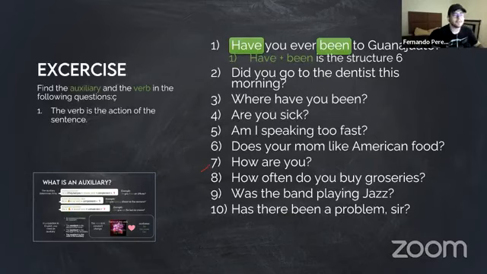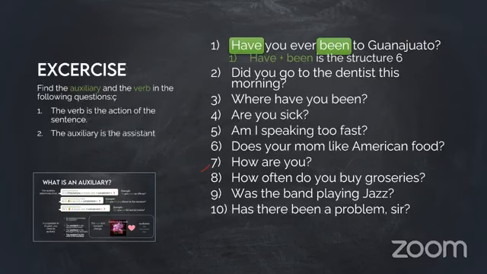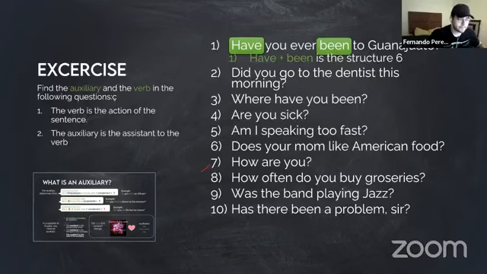Number 2. Vianney, find the auxiliary and the verb. Auxiliary is did. And the verb is go. Correct. Totally correct. Did and go. That's correct.